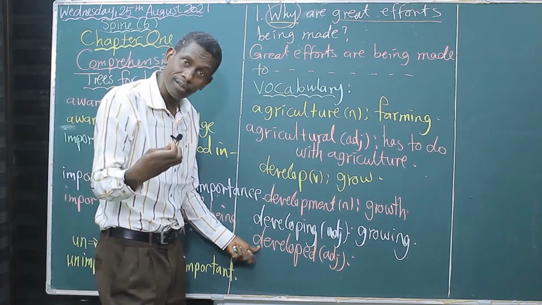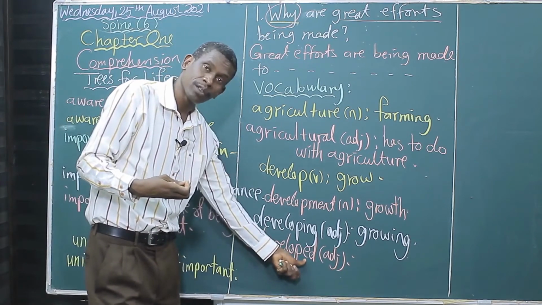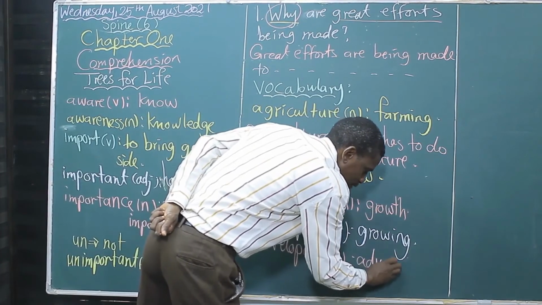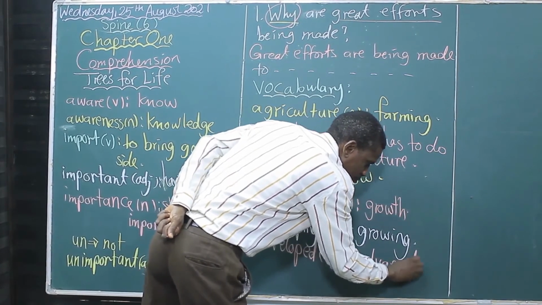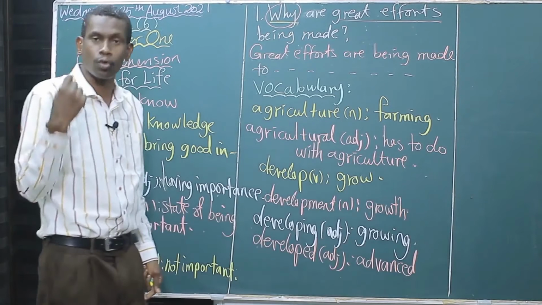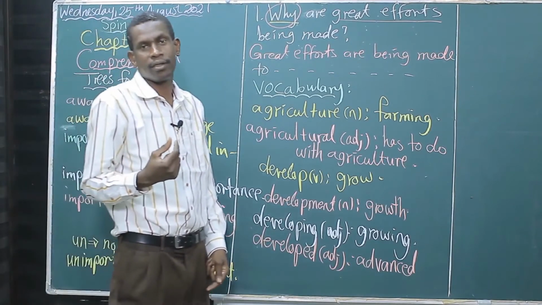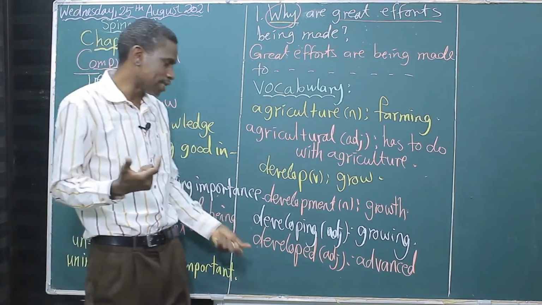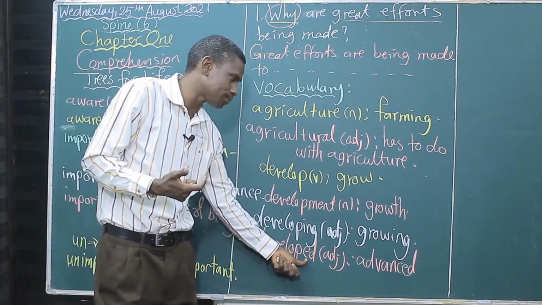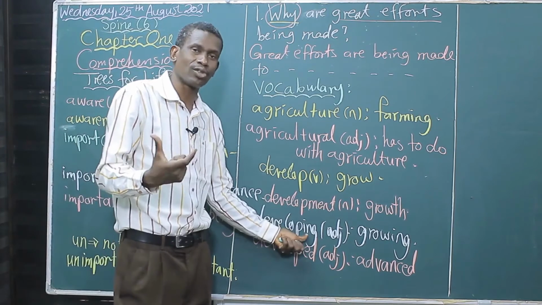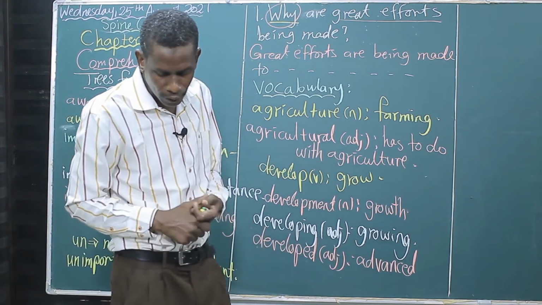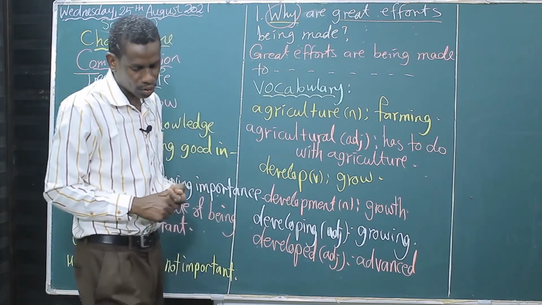Meanwhile, developed ED is advanced countries like USA, France, Italy, Germany. These are developed countries. But Sudan is a developing country. That means developing countries are not developed countries.